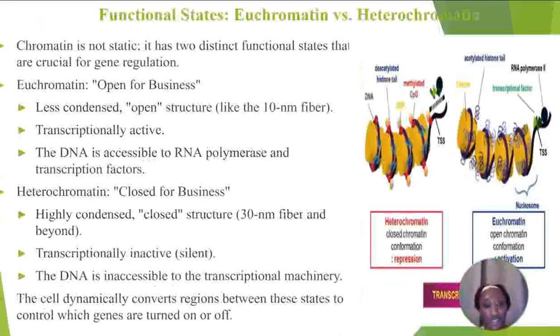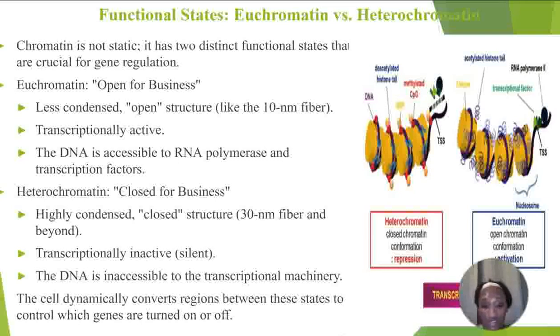So chromatin is not static. It has 2 distinct functional states that are crucial for gene regulation. Euchromatin is basically known as open for business. It is less condensed. It is an open structure. It is active. The DNA is accessible to RNA polymerase and transcription factors. Heterochromatin is closed for business, so it's very highly condensed. It is a closed structure, 30 nm fiber and beyond.